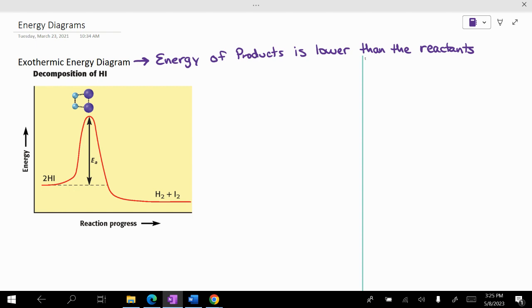On the left-hand side are always your reactants. On the right-hand side are your products.